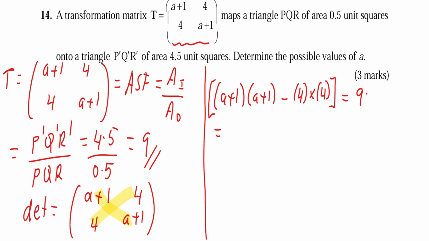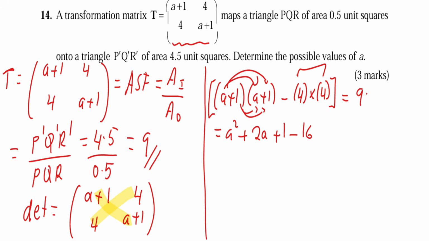So let's open up A plus 1 times A plus 1, which is A times A is A squared, A times 1 is A, 1 times A is A again, 1 times 1 is 1. So A plus A gives you plus 2A. A squared plus 2A plus 1. And remember, 4 times 4 gives you 16.